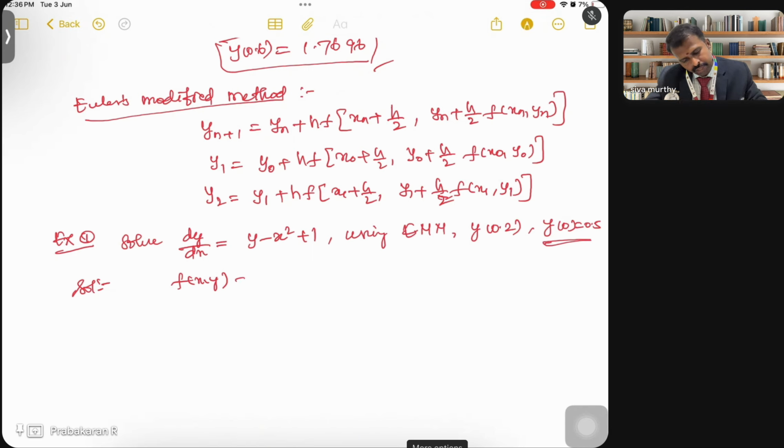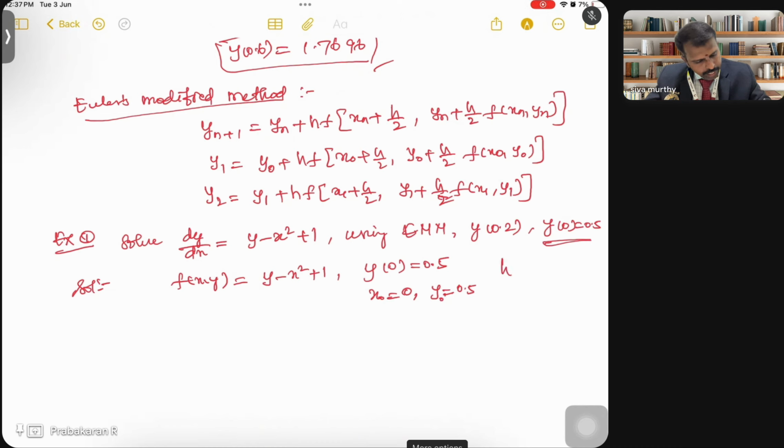So here they are giving the differential equation dy by dx equal to y minus x square plus 1. That is our function f of x comma y. I hope all understand, right? Then the initial value is y of 0 equal to 0.5. That means x naught equal to 0 and y naught equal to 0.5.